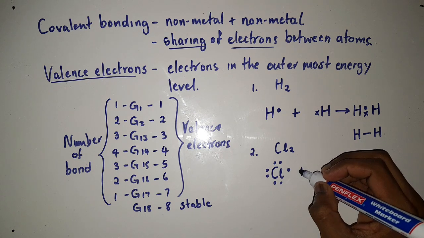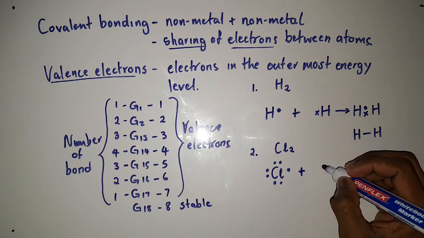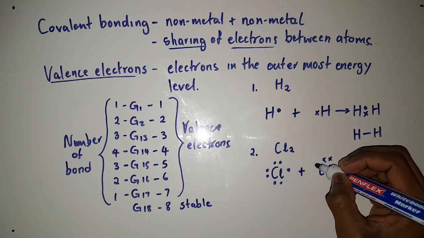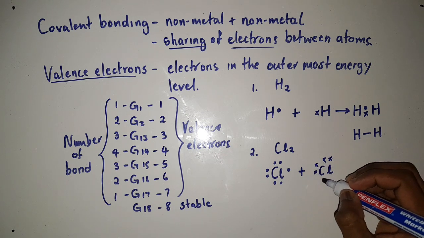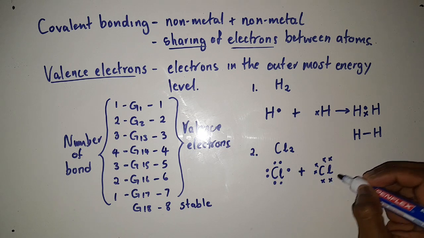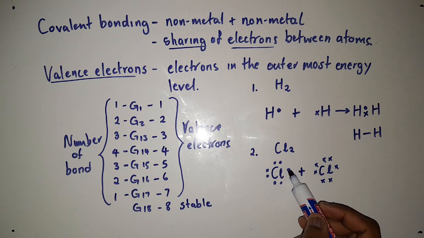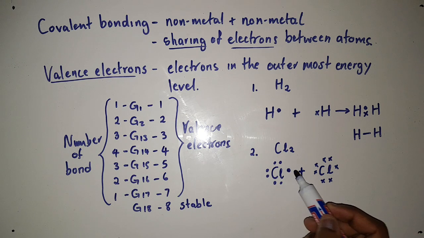Then let's write plus. We have Cl, another Cl, then we make X like this. Then what is going to happen now in this situation? We can clearly see that we have one unpaired.